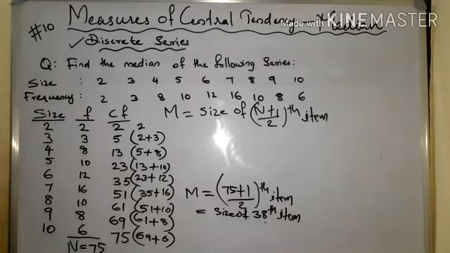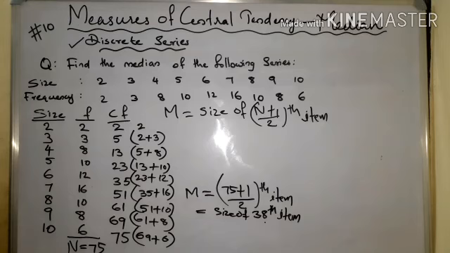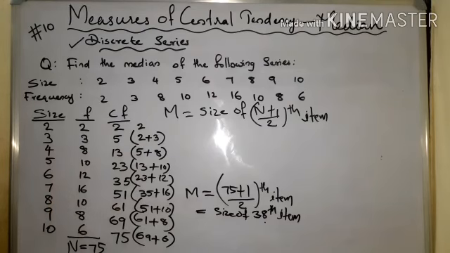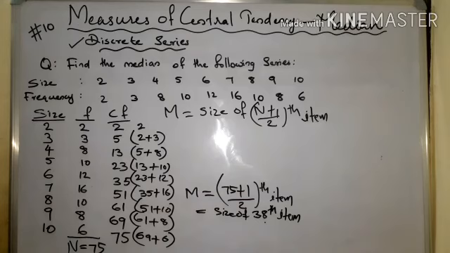This 38th item, from where do we get it? In the case of discrete series, after calculating this, how can we find out the 38th item? For the 38th item, you check the cumulative frequency: which cumulative frequency includes this median size.